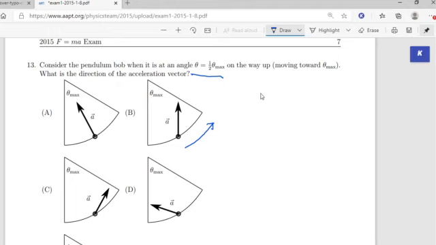Okay, so first of all, there should be a tangential and radial component to the acceleration, and we know that it should be decelerating since it eventually stops when it reaches here. So since it's decelerating, the tangential component of the acceleration should point somewhere like this, and the radial component should point towards the center, and so the resultant of that should look something like this.